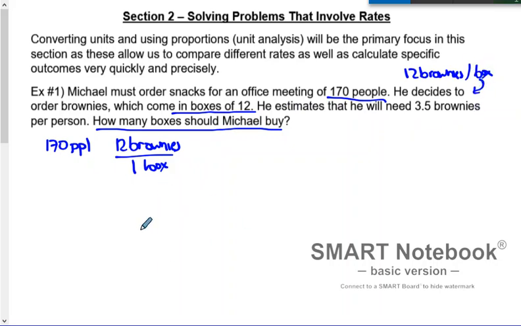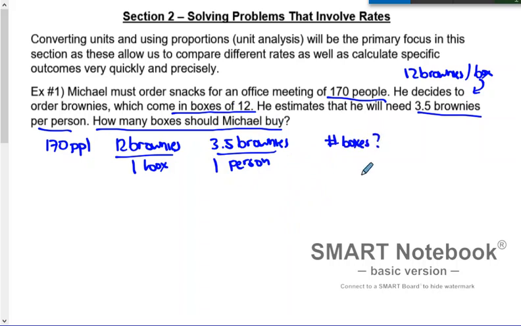It's going to help you out a little bit, just separating those two things. They're not one thing. You're actually talking about two separate things. So brownies and boxes. Okay, so 12 brownies in a box, and we need 3.5 brownies per person. So per one person. All right, and how many boxes should we buy? So that's what we're looking for.